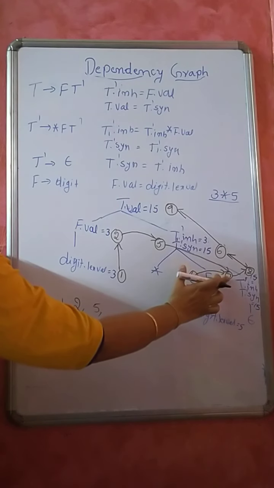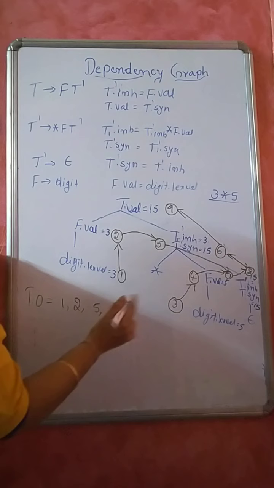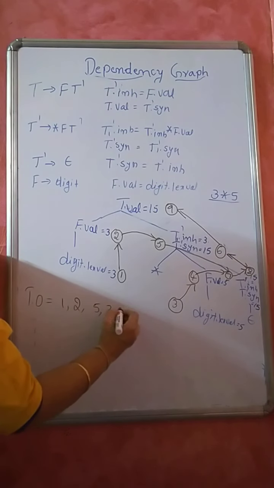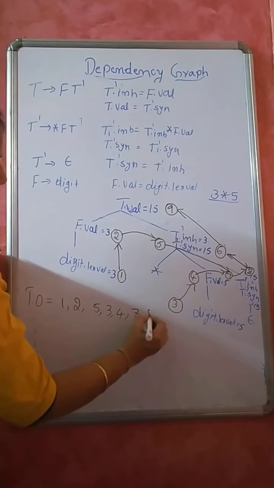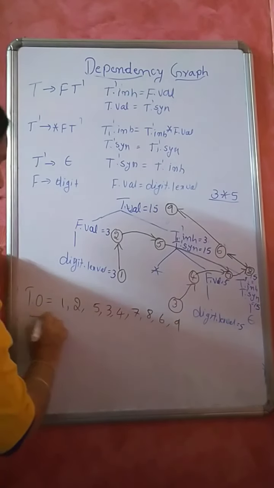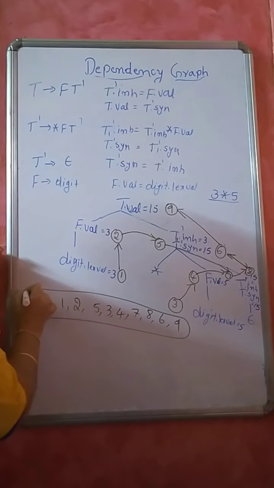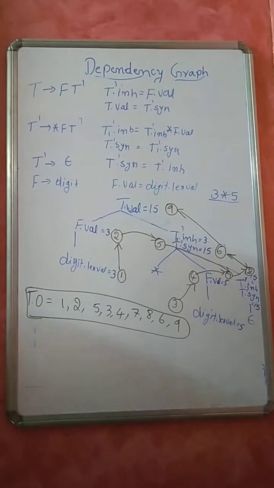Now 7 I cannot write because it also depends on the 4. So whose in degree is 0? 3, then 4, then after removing this I can write 7, then 8, then 6, then 9. So this is the topological ordering or the order of evaluation of an attribute value for this particular example.